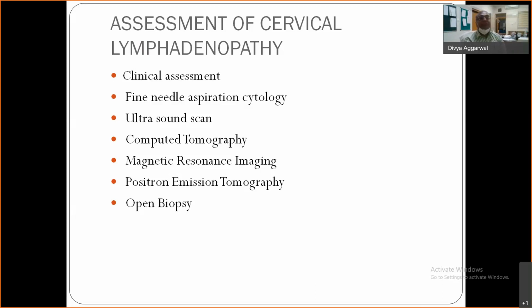I am listing them and then I shall go into short details of each of them. FNAC, ultrasound, computed tomogram, MRI, positron emission tomography. Nowadays, it is done in fusion with a CT, so it is a CT PET or a PET CT nowadays. And last but not least, open biopsy, which has very limited indications in a cervical lymphadenopathy assessment.